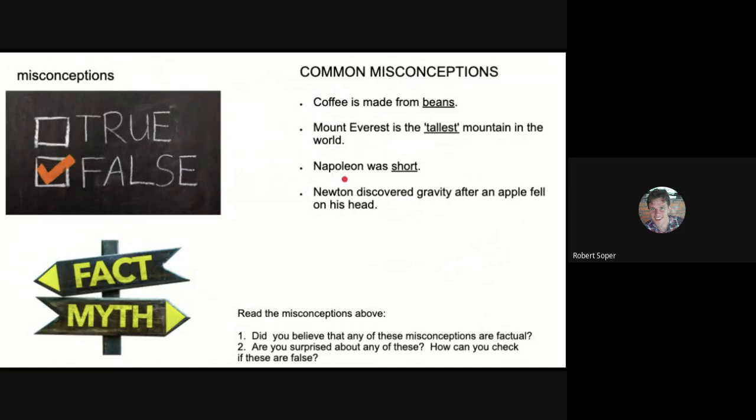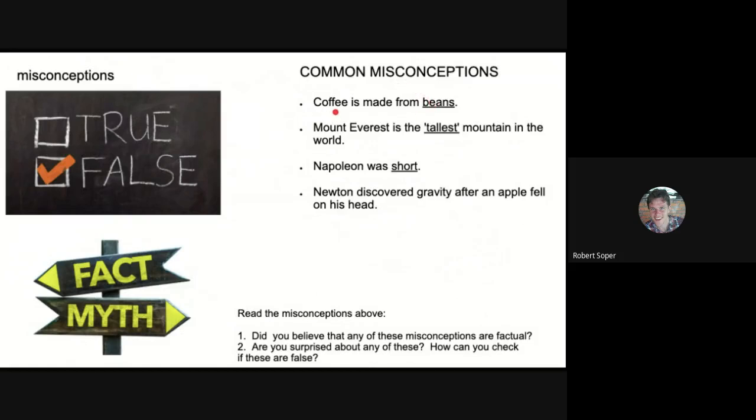We have the common misconception that Napoleon was short. And we have a common misconception that Newton discovered gravity after an apple fell on his head. What makes these misconceptions? Well, people believe that these are true, but they aren't true.